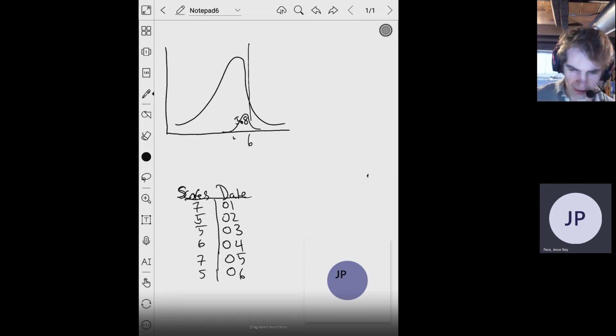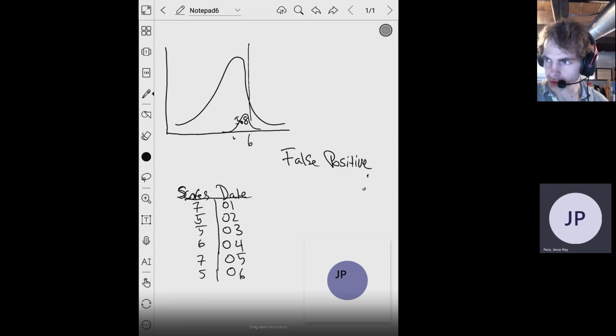When we pass an examinee who shouldn't have passed, we call that a false positive, right? That's an examinee who should not be deemed positive above the cut score, but whom we have falsely attributed to be so.